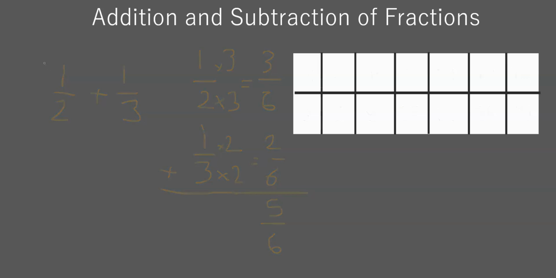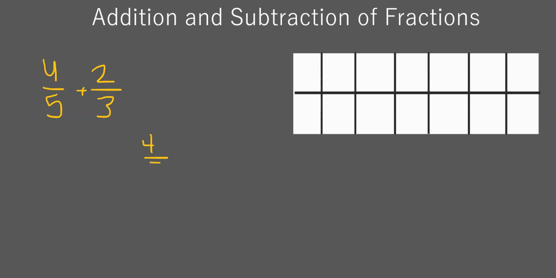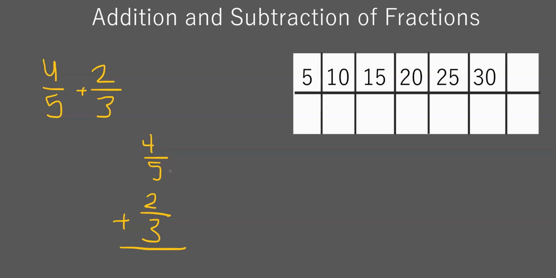Alright, let's do another one. We'll do 4/5 plus 2/3. So again, I like to line it up vertically here. And then we're going to find our lowest common denominator using the common multiples. So for 5, we have 5, 10, 15, 20, 25, 30.